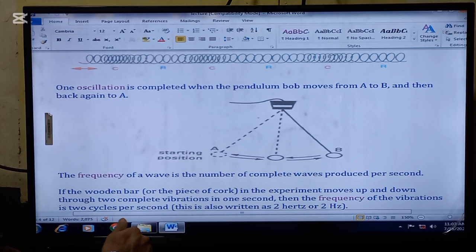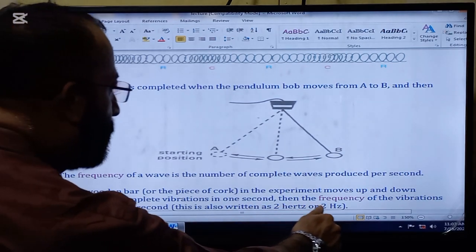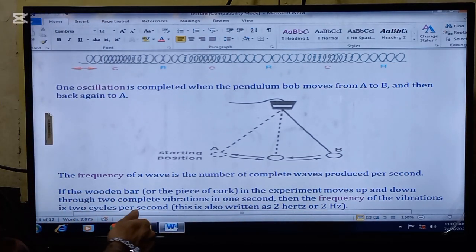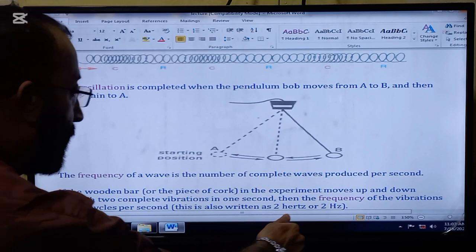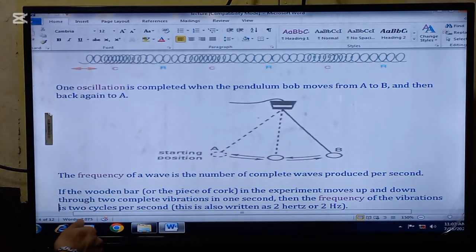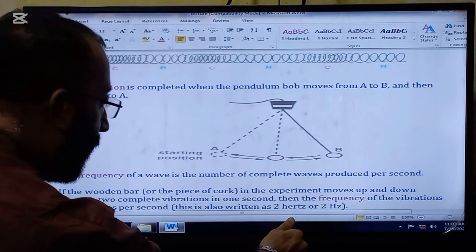If the wooden bar or the piece of cork in the experiment moves up and down through two complete vibrations in 1 second, then the frequency of the vibrations is 2 cycles per second. This is also written as 2 Hz.